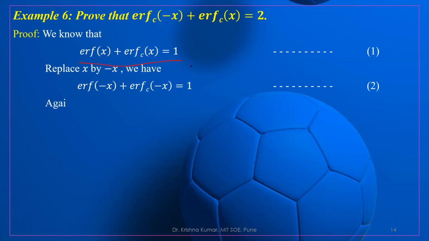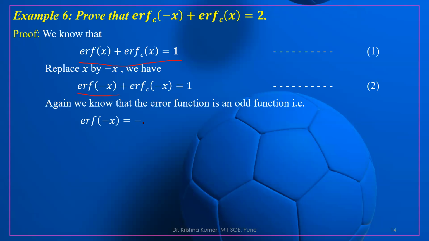Again we know that error function of minus x is what? Error function is an odd function. So error function of minus x is equal to minus error function of x. Correct? And now equation 2 becomes minus error function of x plus complementary error function of minus x equals 1.